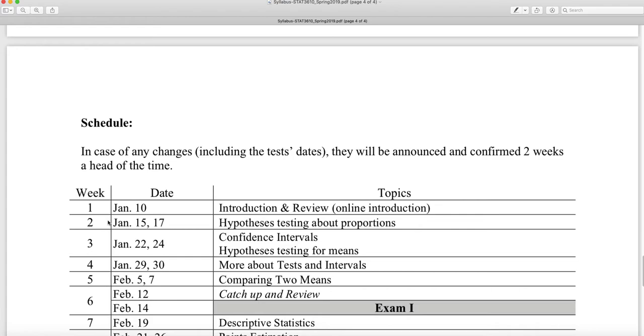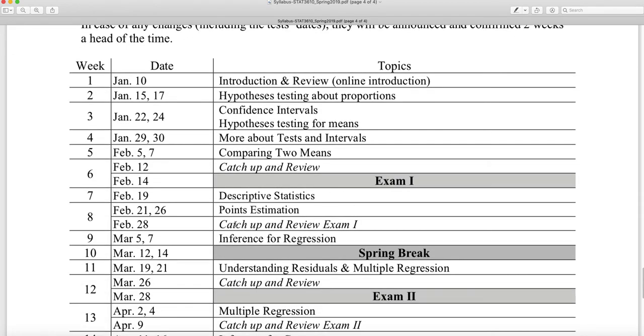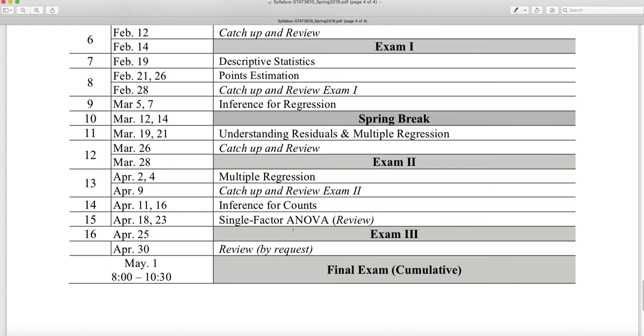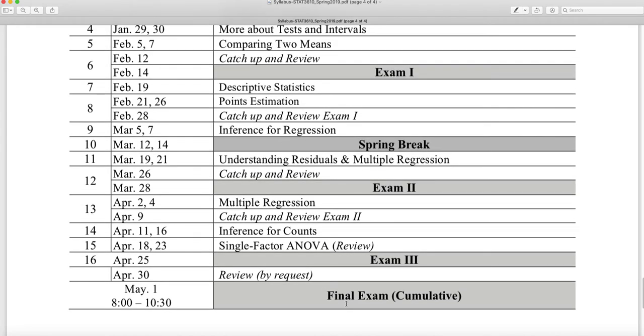Also, I posted the schedule. If there are any changes, I would probably know 2 weeks ahead of time. But as you see, first we go over some tests of hypothesis, then descriptive statistics, regression, and ANOVA. Before each exam, we might have a review session in which I review the concepts for you, especially for exam 1, exam 2, and most likely exam 3.